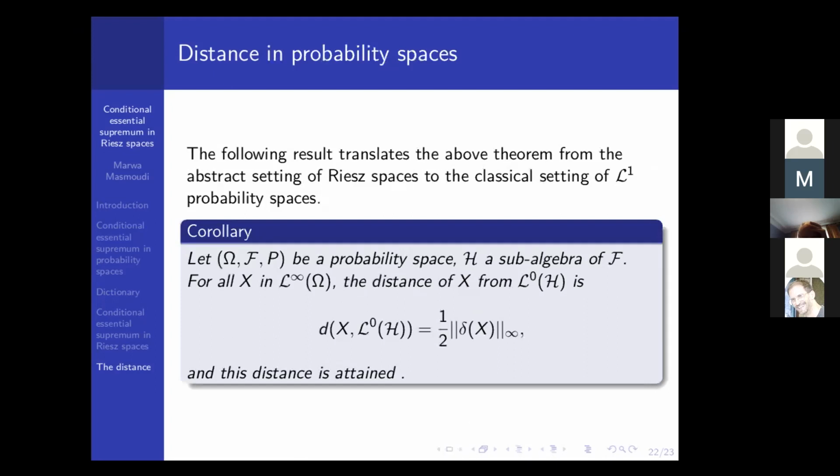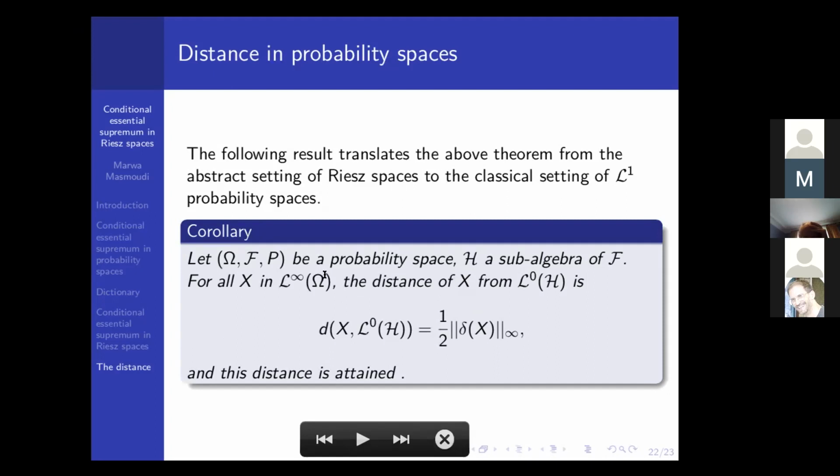So once we moved on from probability to Riesz spaces by generalizing many results and then producing new ones, we come back now to the classical case and formulate the previous theorem in the probability setting. We obtain a very nice new result.